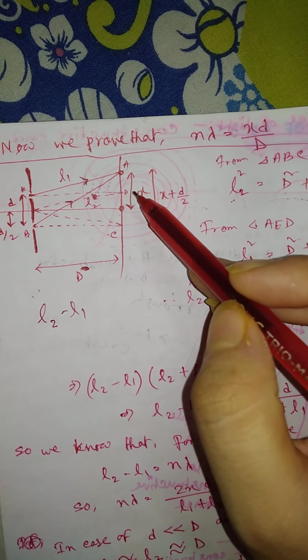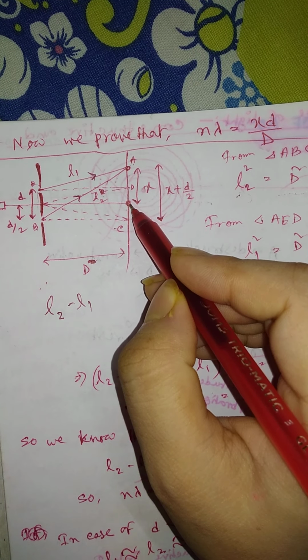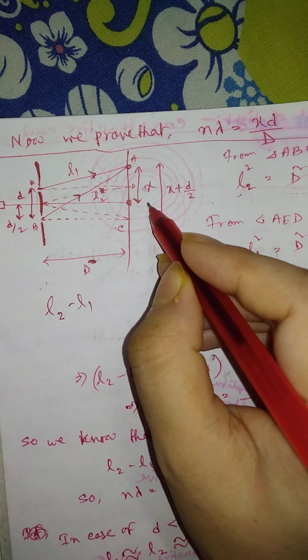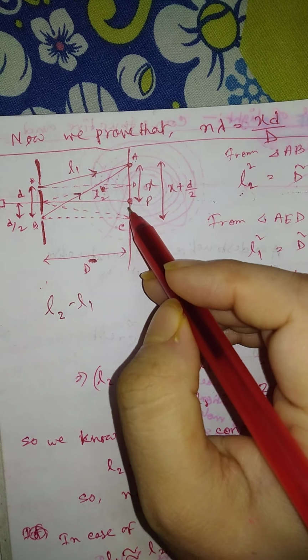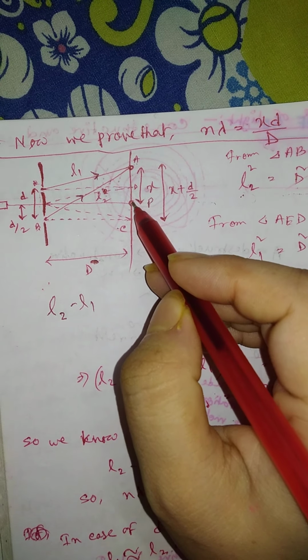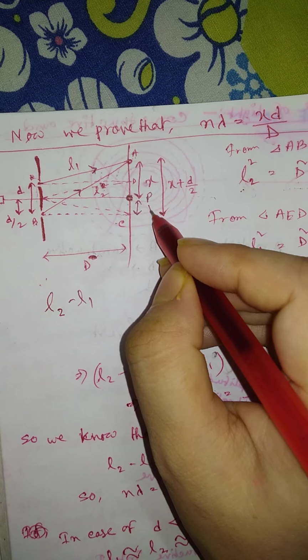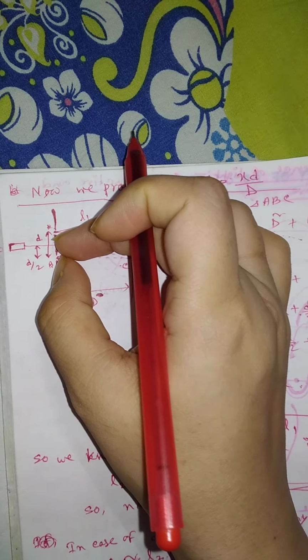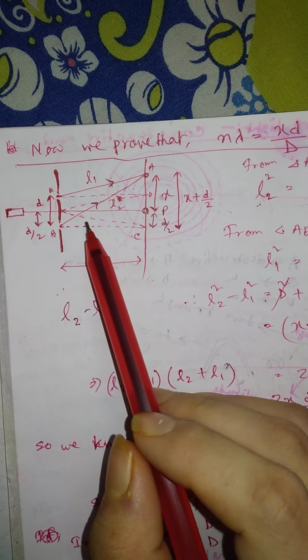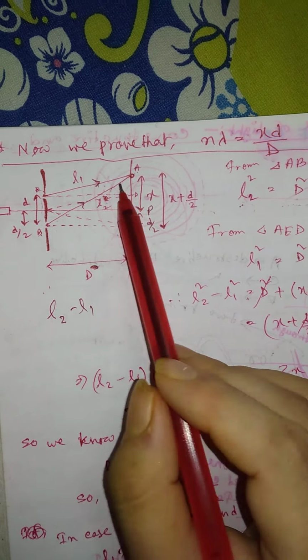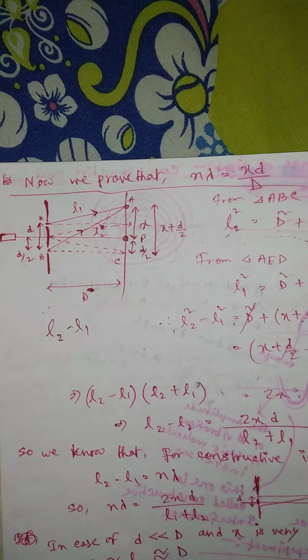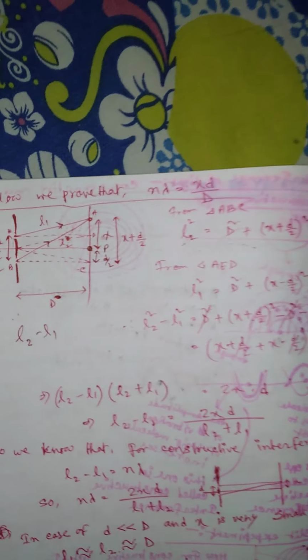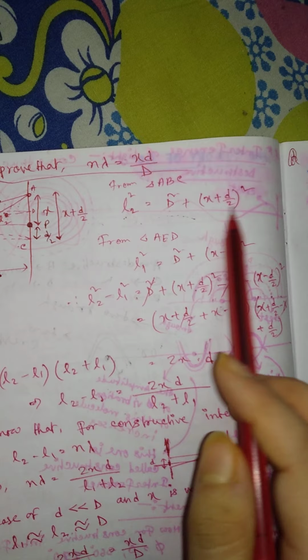Suppose this point is P. So what is this distance? PC equals d by 2, because if this is d, then this part is d by 2. So L2 square equals D square plus (x plus d by 2) whole square, that means base square plus perpendicular square.